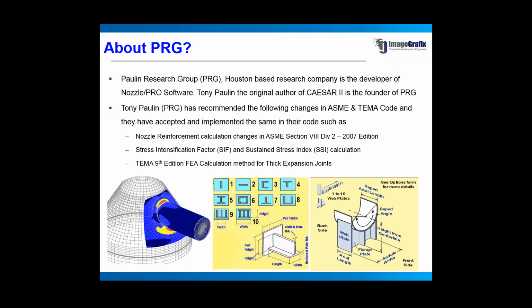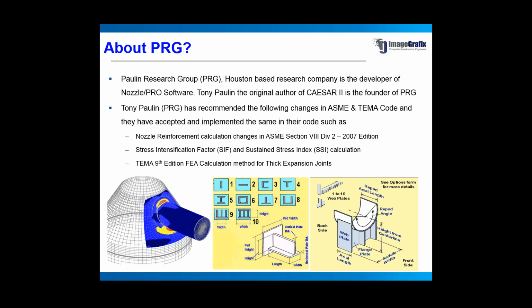Apart from this, for the fitness for service API 579 analysis, PVElite does the general metal loss, local metal loss and pitting, and if you want to perform crack like flaws, then obviously Nozzle Pro is going to be helpful for you, because crack like flaws need the FEA method to perform the analysis as per API 579, and this has been implemented with Nozzle Pro.